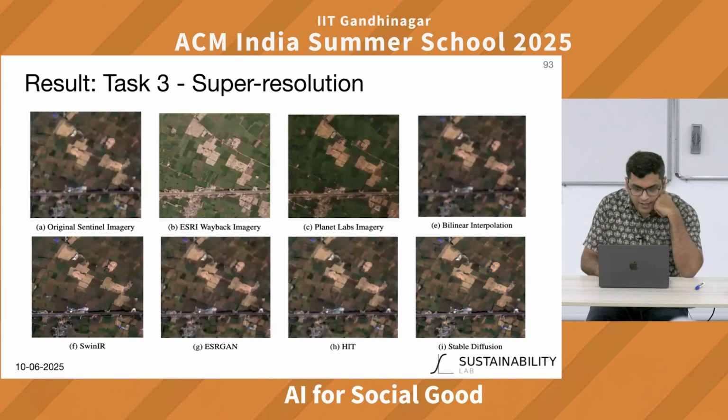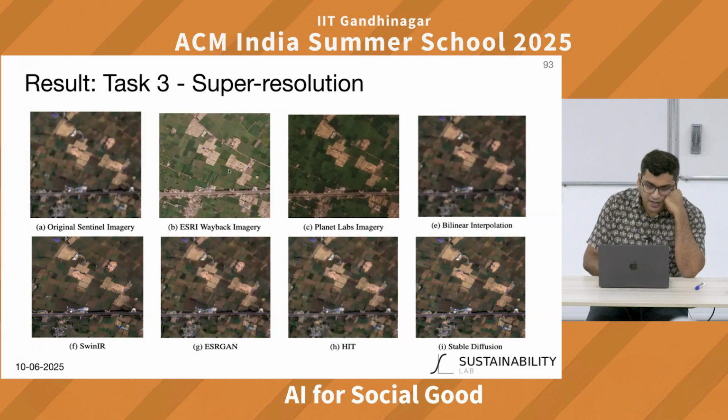And you can see the super resolution plots also. This is the original Sentinel imagery. This is the high resolution imagery from Esri. This is 10 meter per pixel. This would be perhaps 1 meter per pixel. This would be 5 meter per pixel. These are the different interpolation strategies. Can you see that in SwinIR, the image is much, much clearer compared to the original Sentinel? And the others, it's slightly enhanced and slightly clearer.